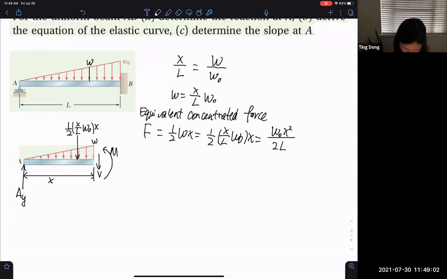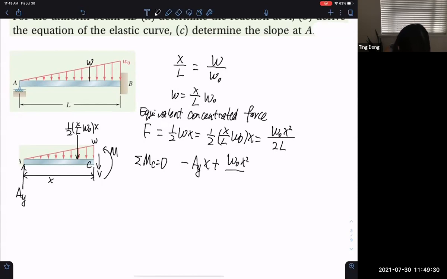Now we have the equivalent concentrated force. Let's say the cutting point is C. Then the moment equilibrium equation: the reaction force generates a clockwise moment, so it's negative, times X. The equivalent concentrated force generates a counterclockwise moment, so it's positive, and the moment arm is X over 3.